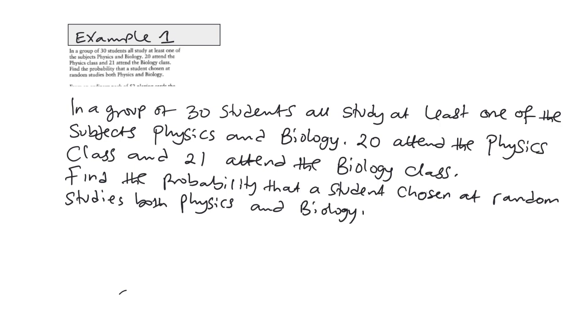So 20 attend the physics class and 21 attend the biology class. Find the probability that a student chosen at random studies both physics and biology. So this is something about the intersection, physics and biology.